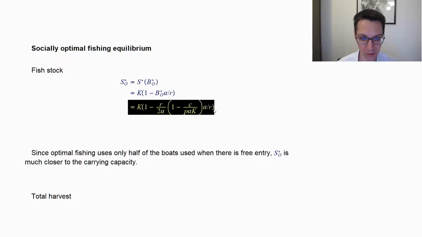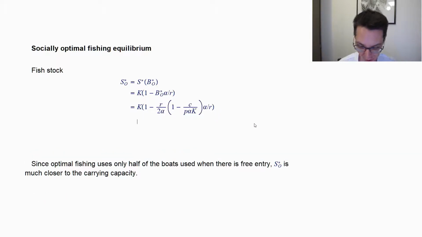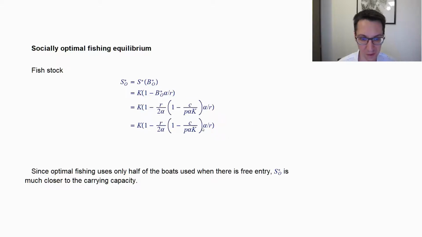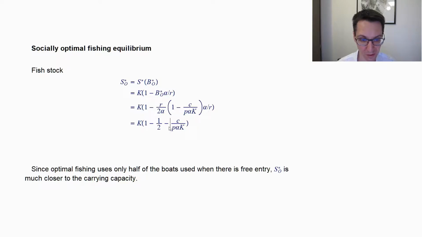So let's just go ahead and simplify this expression. Alpha over R simplifies with R over alpha, so it disappears. And then 1 minus 1/2 by 1 minus 1/2 by minus C over P alpha K, where I'm going to get the following.